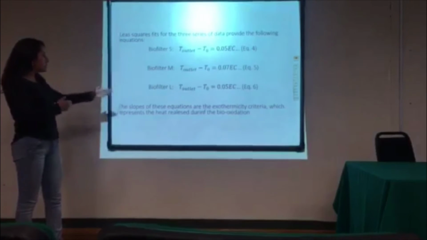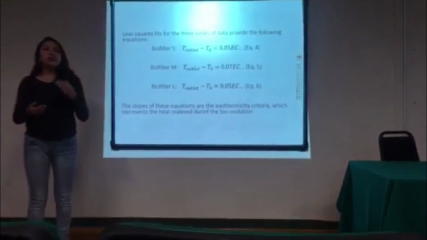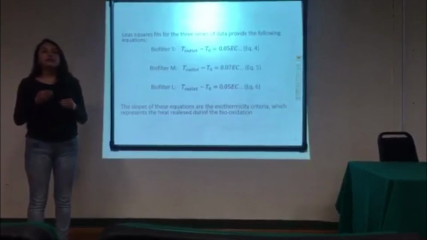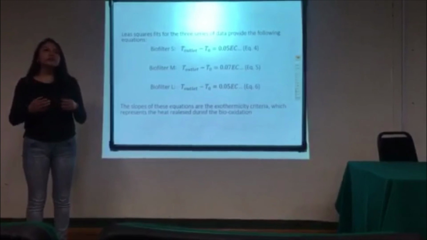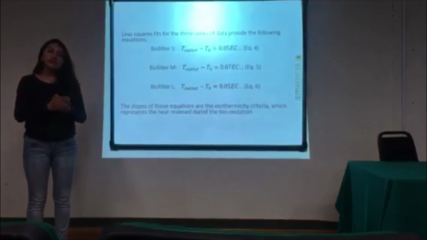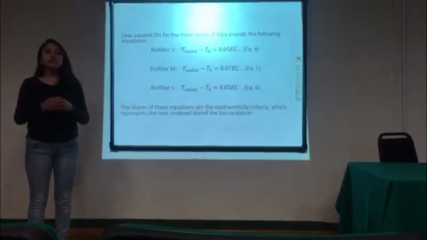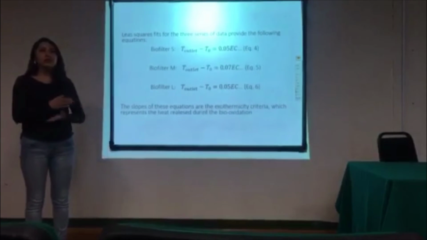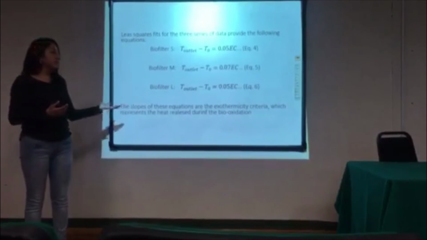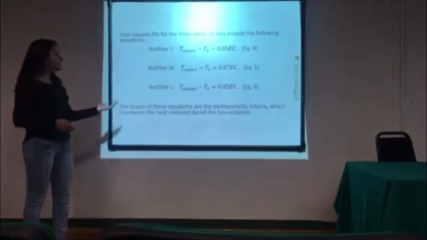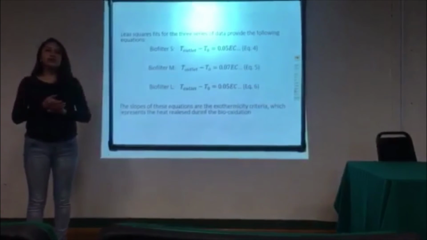So with these equations, we can see that the slopes of these equations are the exothermicity criteria, which was something that I was saying to you according to the thermodynamics, and this represents the heat release during the biooxidation.